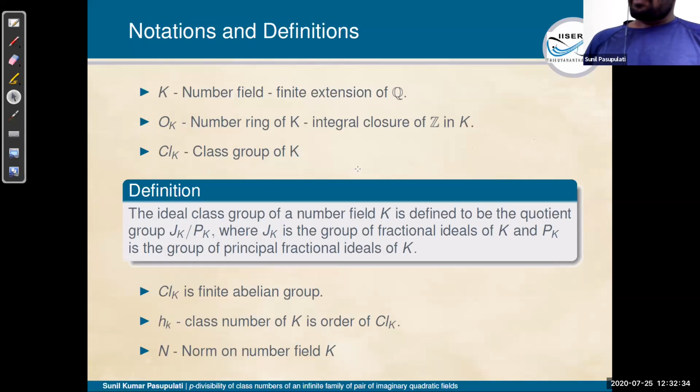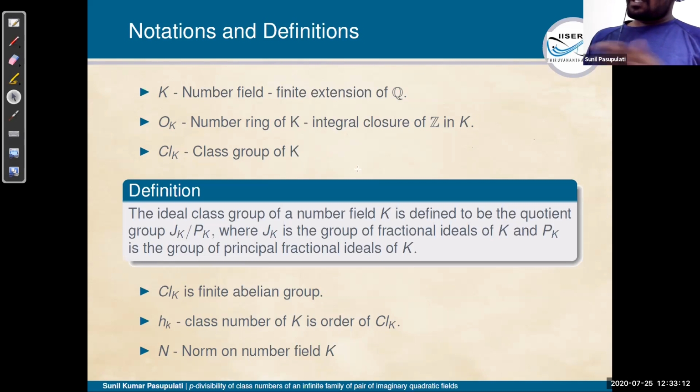First I'll introduce some notations and definitions. K is a number field, a finite extension of Q. O_K is the ring of integers of K, the integral closure of Z in K, and Cl(K) is the class group of K. If you consider the set of all fractional ideals of K, that is, finitely generated O_K-modules contained in K, with multiplication it forms a group, and the set of all principal fractional ideals forms a subgroup of it.